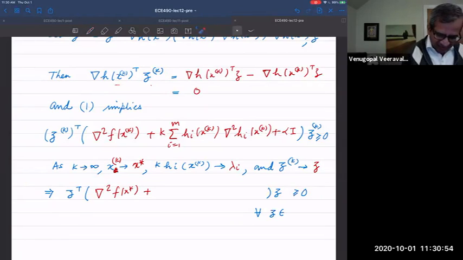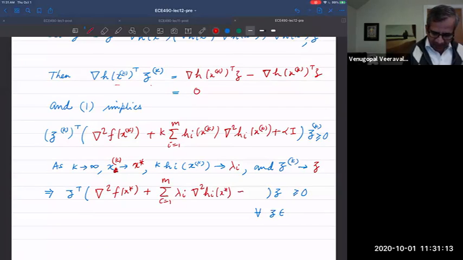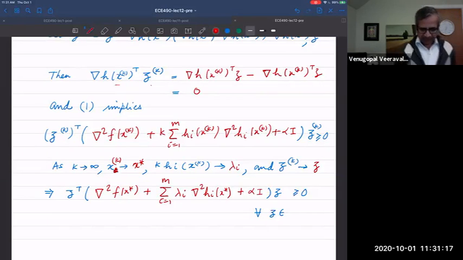This k times the hi is going to lambda, right? So I get lambda i there, and then I get the Hessian of hi at x star plus alpha times I. And this is for all z belonging to V of x star. This equation holds.